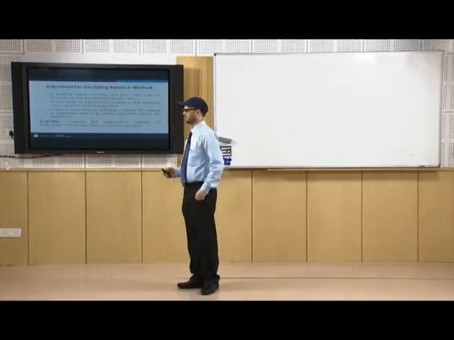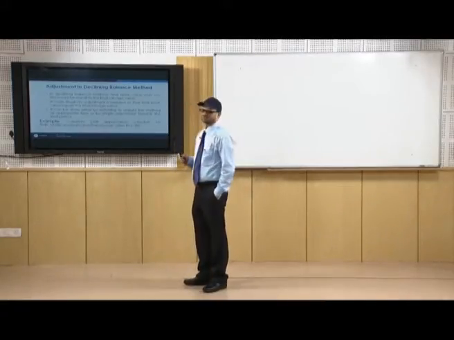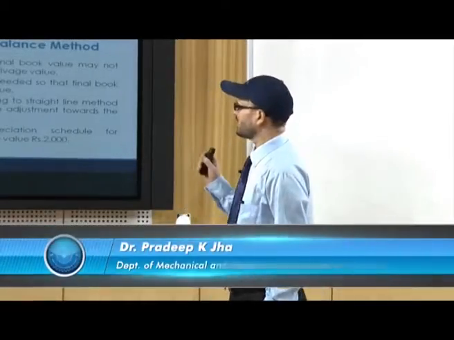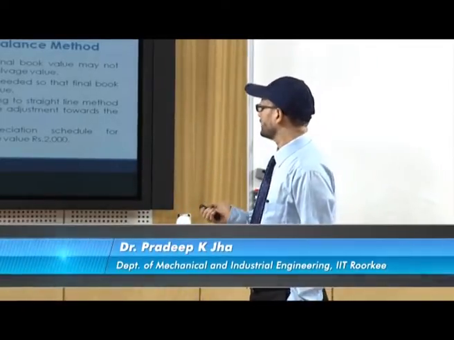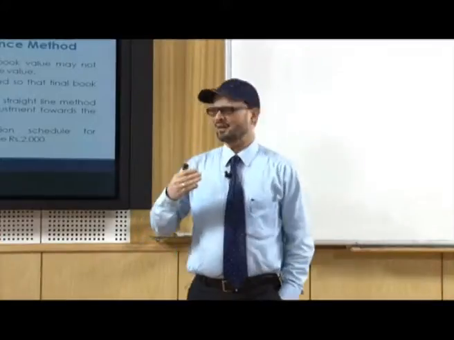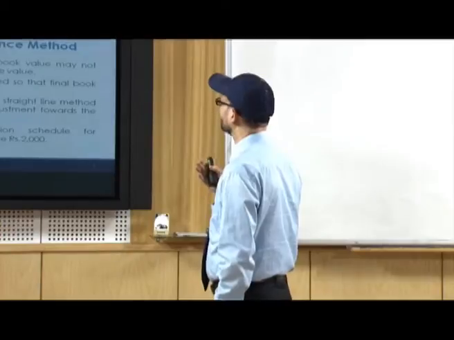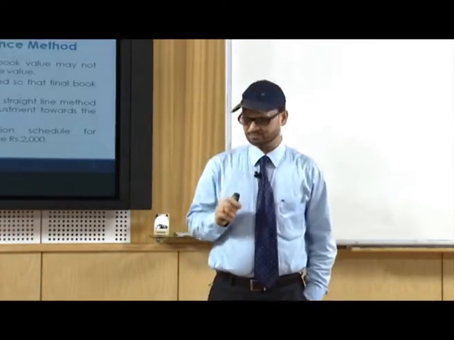So, in this lecture, as we had discussed earlier, there may be cases when you cannot get the exact value of salvage value using the declining balance method of depreciation. As we had seen in the earlier question, when you had the salvage value of 778, then using the declining balance and double the declining balance, that is DDB, you got exactly the value of 778.